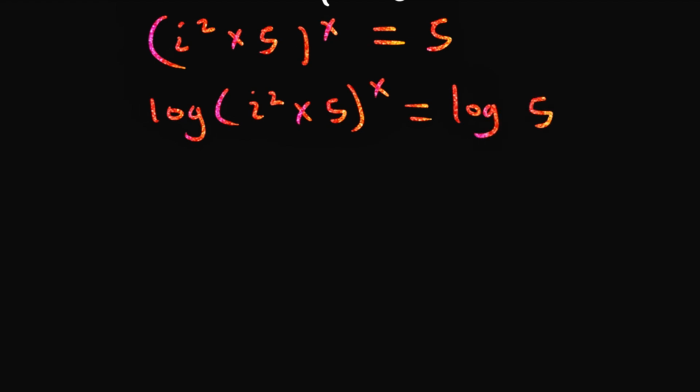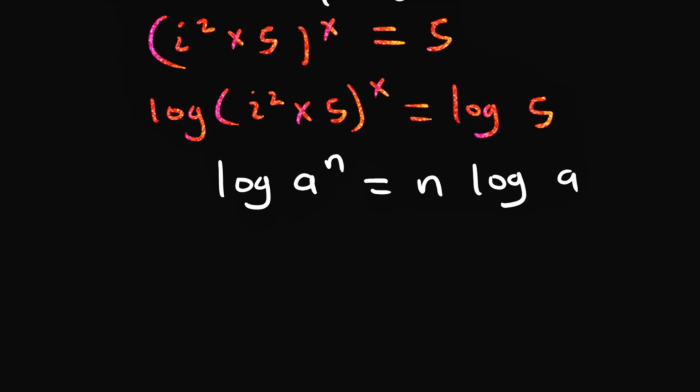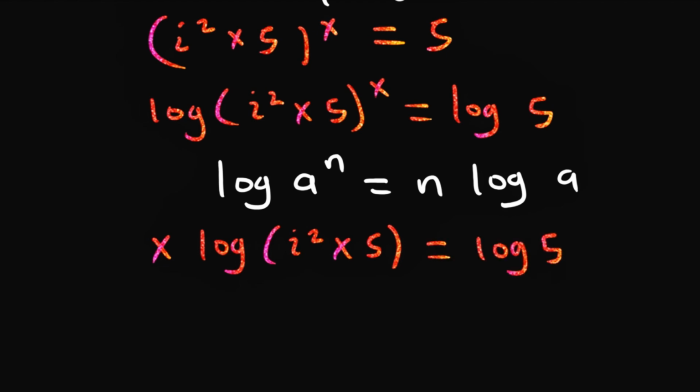Now from here we can use the third law of logarithms that says that the log of a raised to power n is the same as pre-multiplying by the number n. So let us apply that in our equation. So we want to have x log of i squared times 5 is equal to the log of 5.